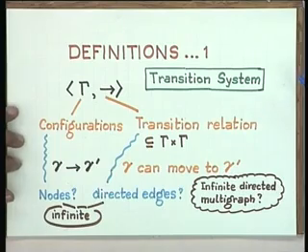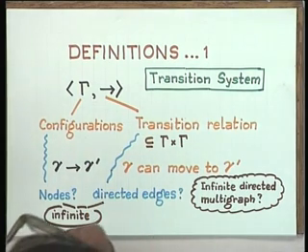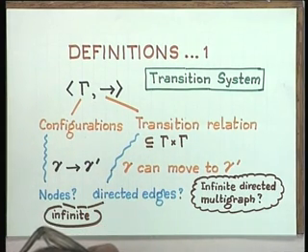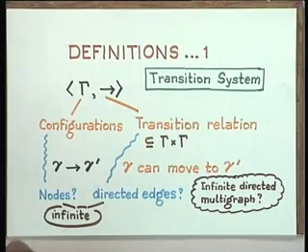So our notion of a transition system is essentially the notion of a directed graph where we don't put any finiteness conditions on the nodes and the edges. Just as you can have labeled graphs, that is where the edges carry labels with them, you could also define labeled transition systems.